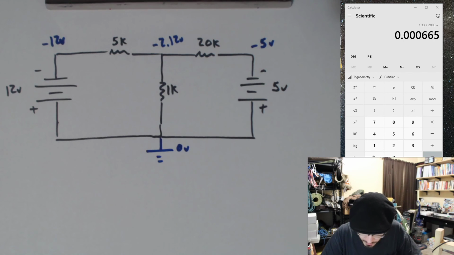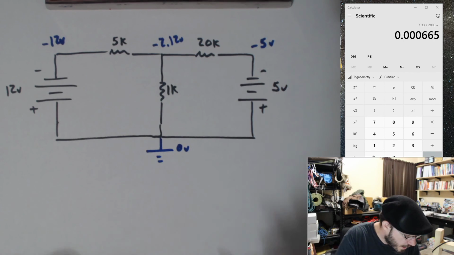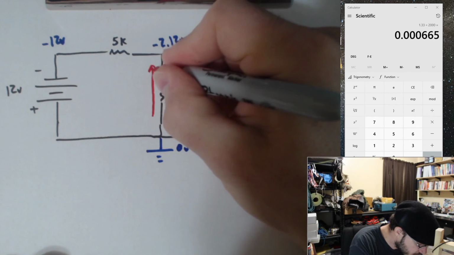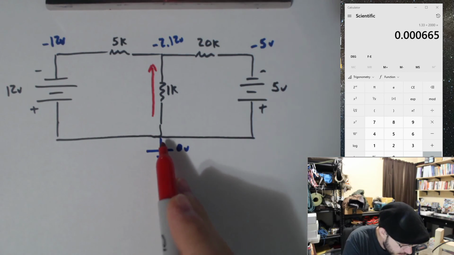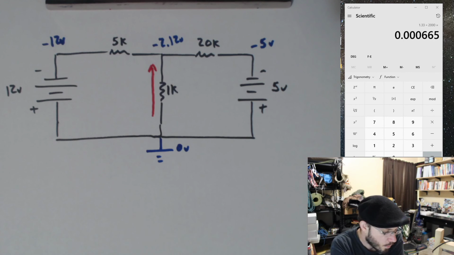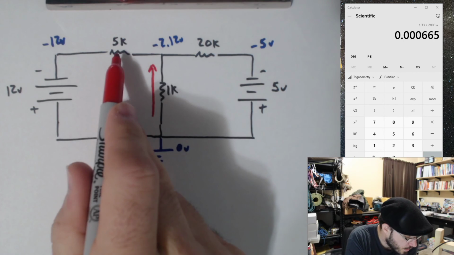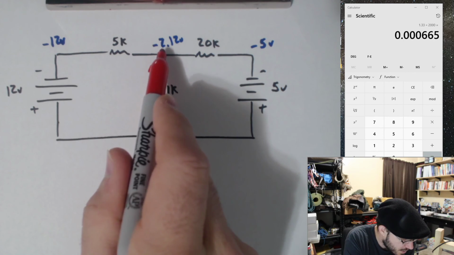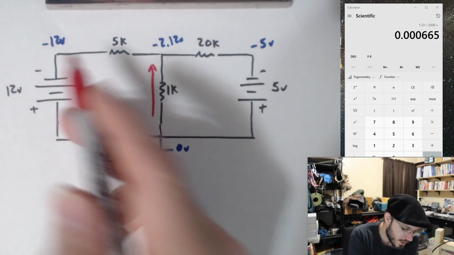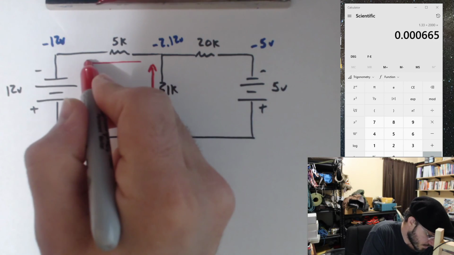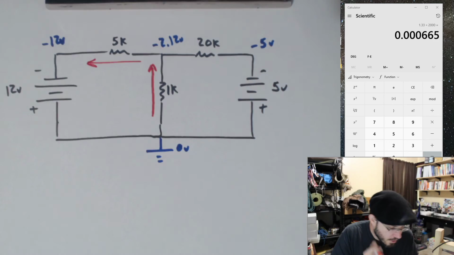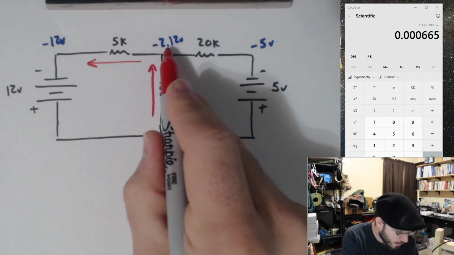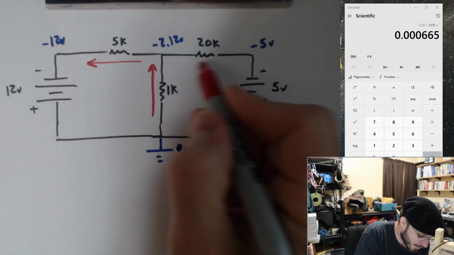Let's see, what is the current doing? Well, current always goes from a higher voltage to a lower voltage. So it goes from this point to minus 2.12. Again, current always goes from a lower voltage to an even lower voltage. And current goes from a low voltage to an even lower voltage.